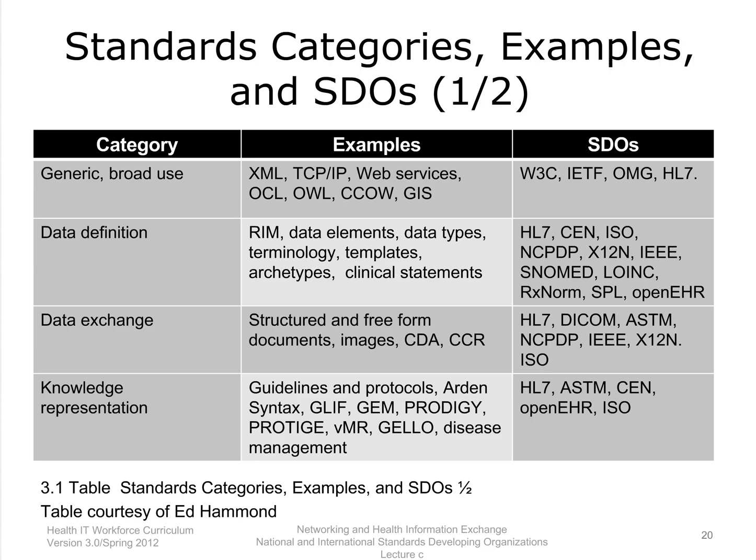Category: Generic Broad Use. Examples: XML, TCP/IP, Web Services, OCL, OWL, CCOW, GIS, SDOs, W3C, IETF, OMG, HL7. Category: Data Definition.